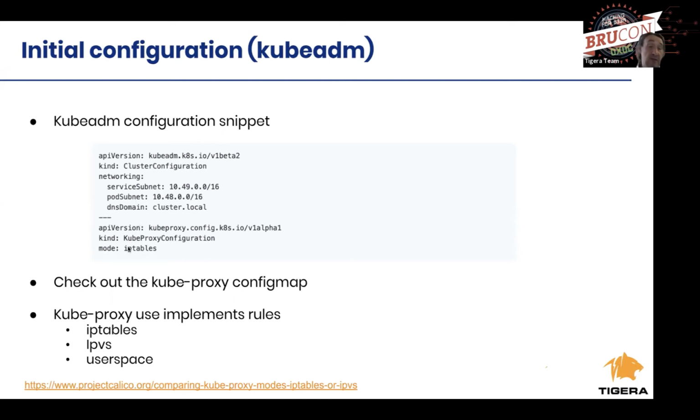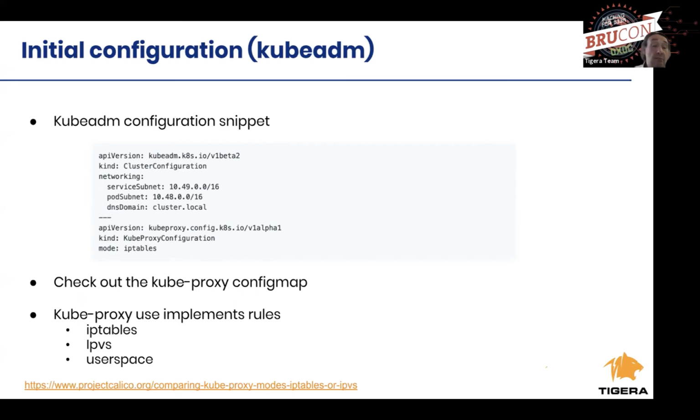But for this case, it's important to know that you can also configure kube-proxy while you're setting up Kubernetes. And the important part here is that you can basically specify a mode. By default, the mode is Iptables, and that's what's, of course, used most.